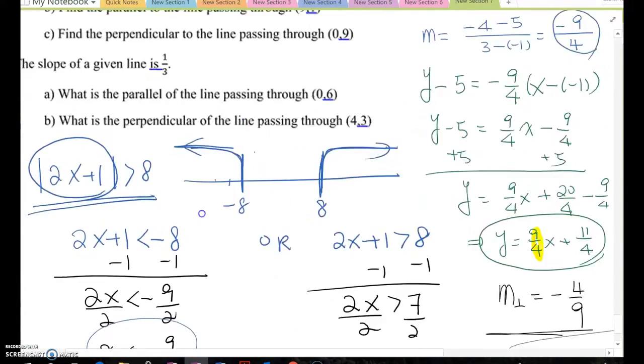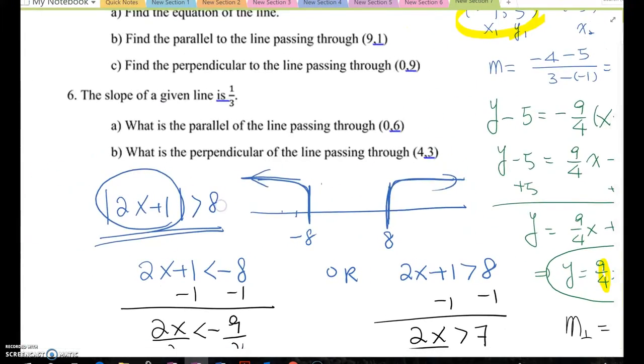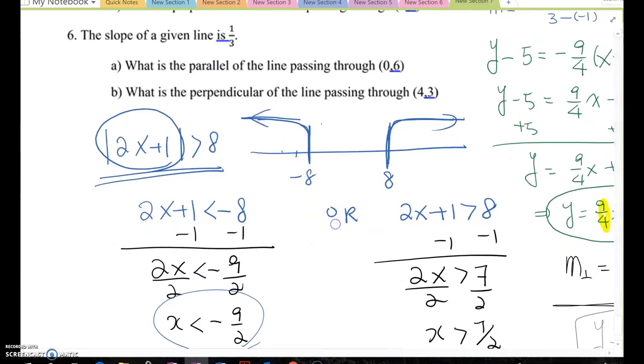Now, let's move on. Number 6 here. The slope of a given line is 1/3. What is the line parallel to it passing through 0 and 6? And then what is the perpendicular line passing through 4, 3? This question also, we can apply the same concept we just solved in number 5.